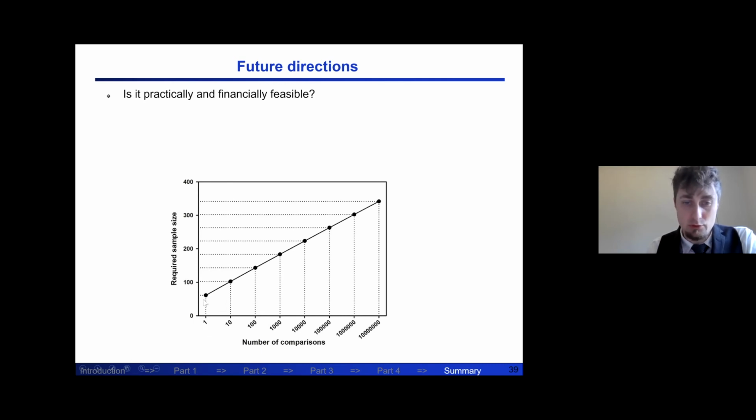You can see if you want to do just one correlation, you need around 50-60 participants, but then to do the level of whole brain correction is around here, somewhere between 100 and 1,000 comparisons, you need 150 participants.